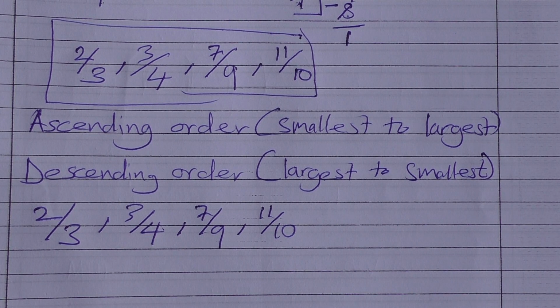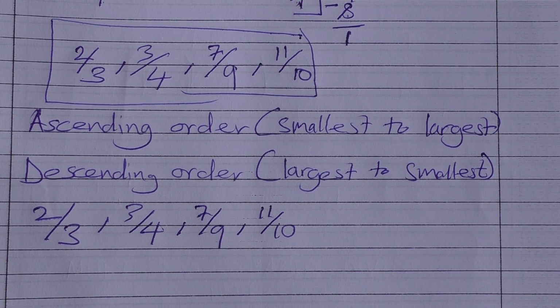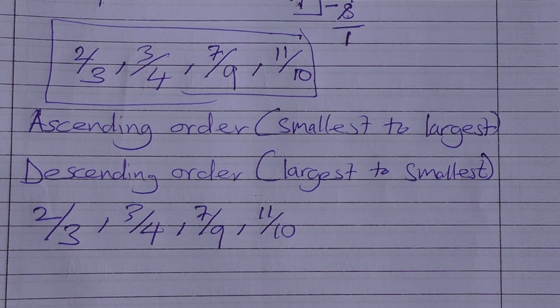We shall arrange in ascending order, meaning we are to start with the smallest. But how do we determine the smallest? Just mere looking at fractions cannot give you the smallest, but we must determine mathematically.